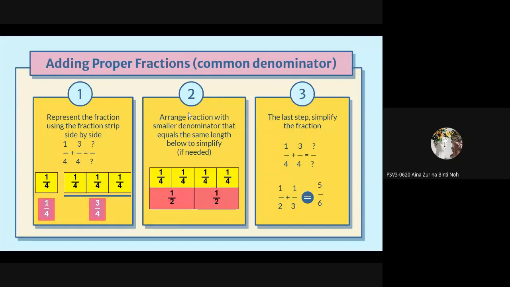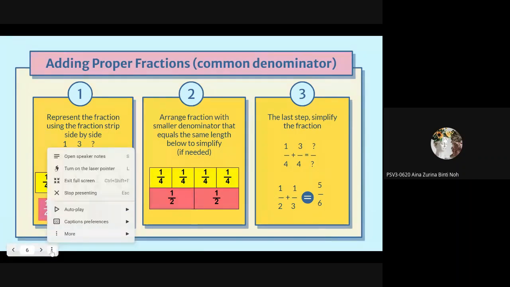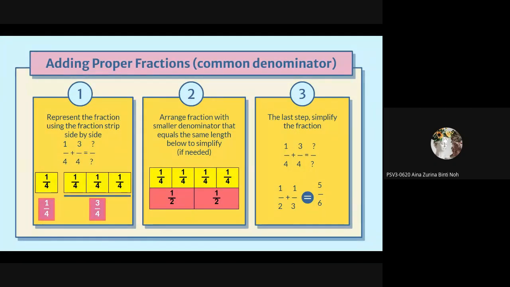Using fraction tiles, when adding proper fractions with a common denominator, firstly the teacher can represent the fractions using fraction strips side by side, unattached yet. So there is 1/4 on the left, and on the right is 3/4, which consists of three 1/4 fraction strips.